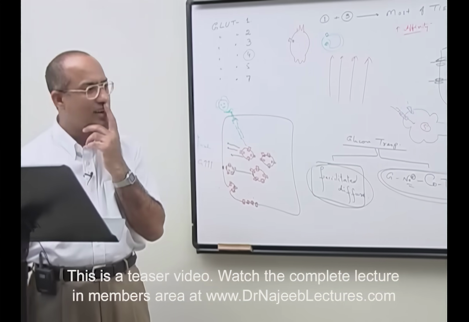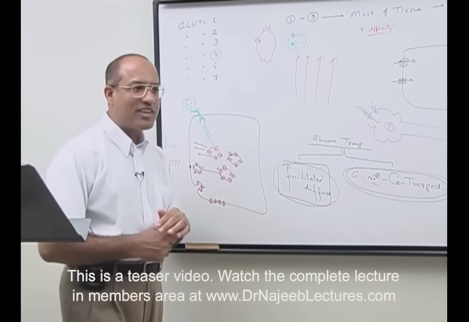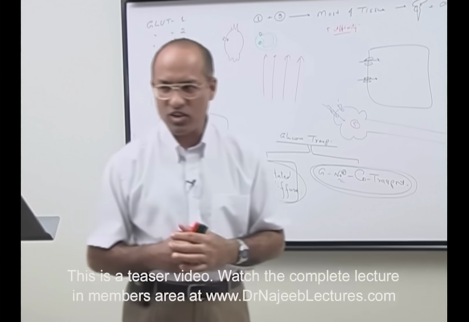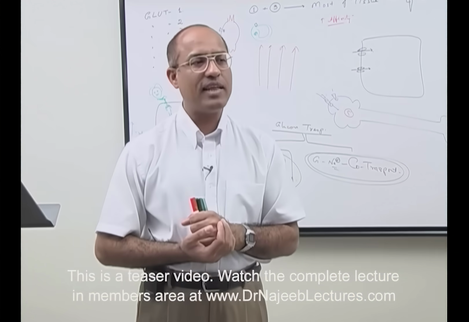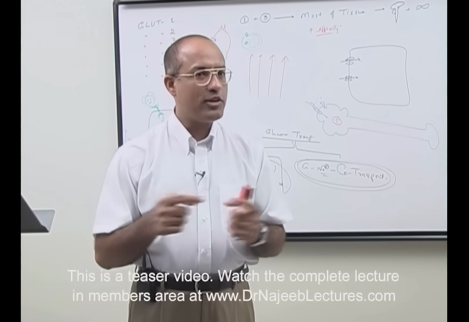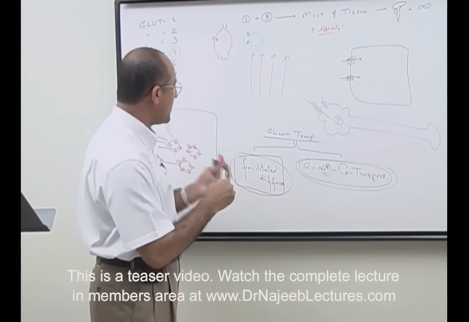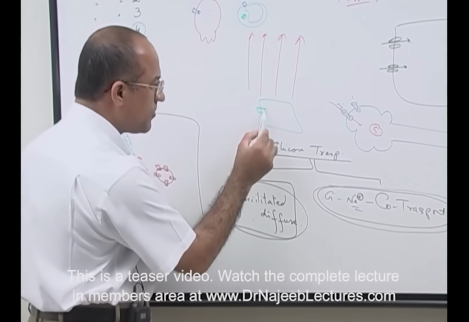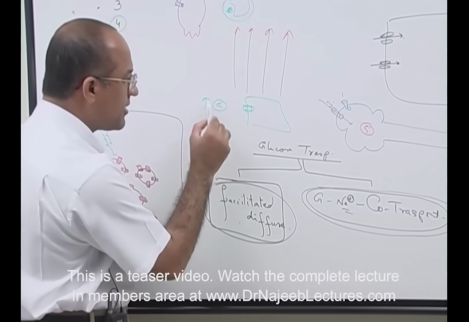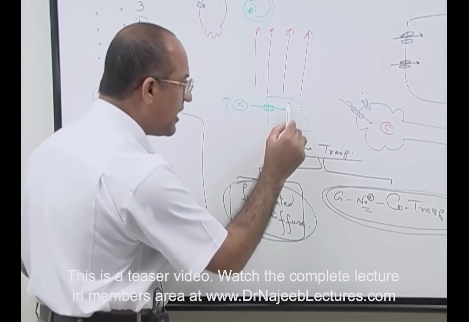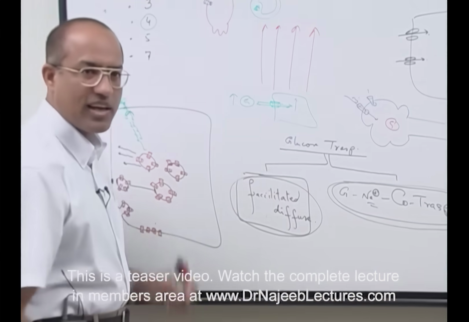Now there is another transporter that is truly a two-way transporter. This glucose transporter allows glucose movement in two ways. For example, if glucose is high in the blood, glucose will move in this direction, and if glucose is high in the cell, glucose will move in the reverse direction.